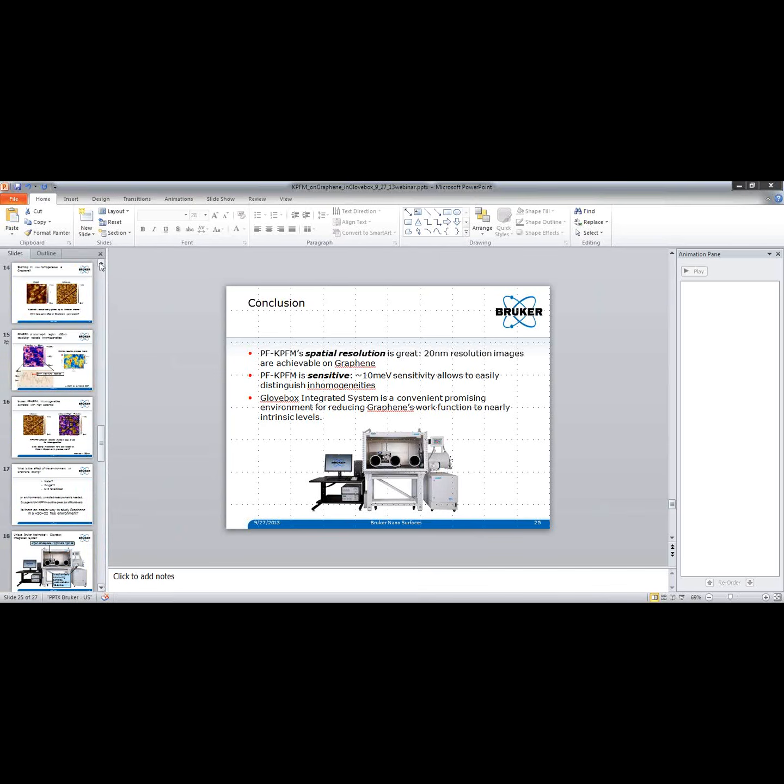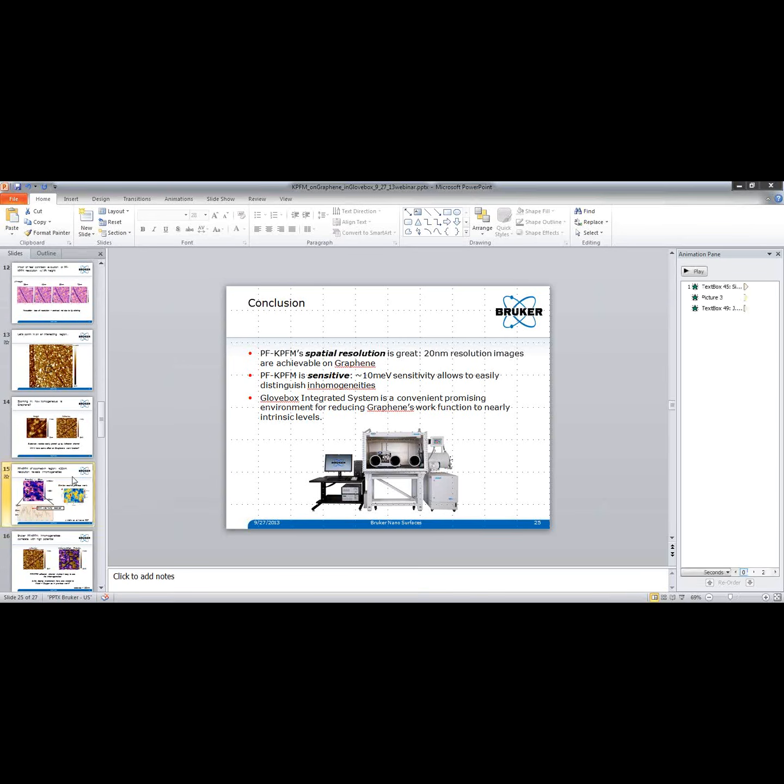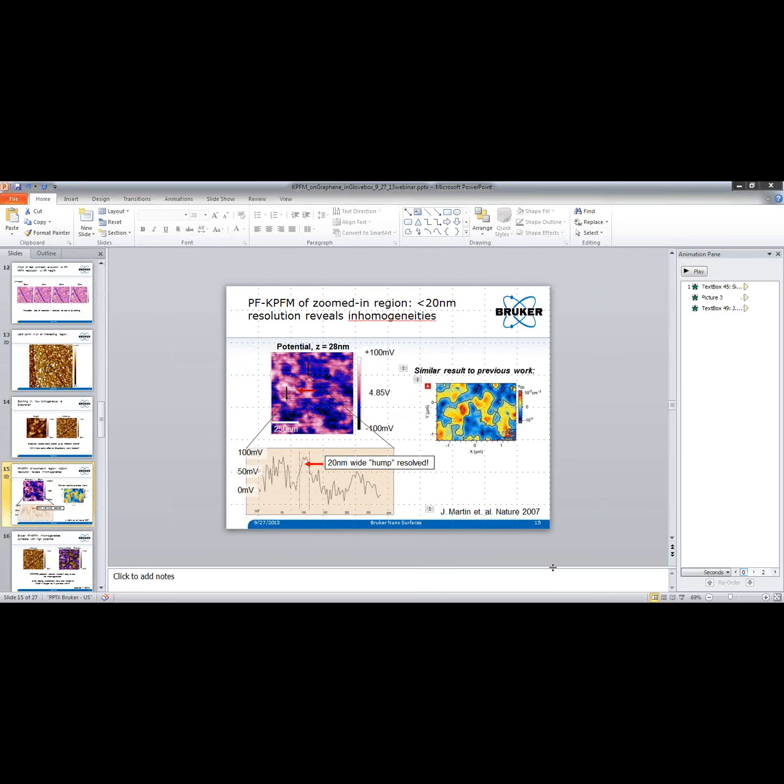Well, I'm guessing the questions are referring to the claim for 20 nanometers. That's my guess. So let me bring up that slide. So the claim for the 20 nanometer resolution, I mean, if the person is still there that asked that question, they could try and clarify it if they're still on the line.